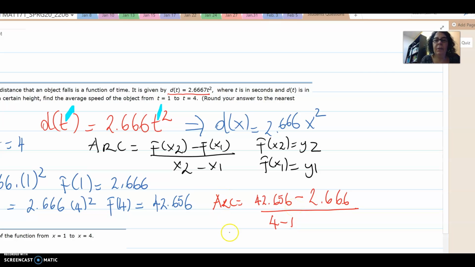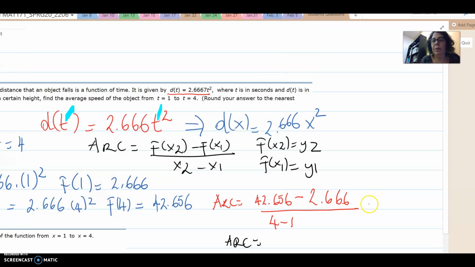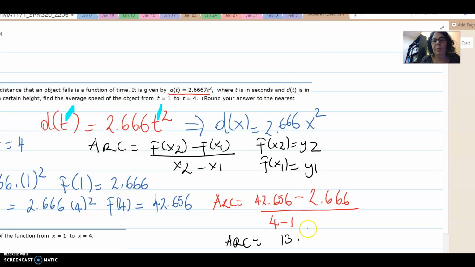Then the average rate of change, if we do the algebra, is that difference divided by 3. So that will be 13.33.